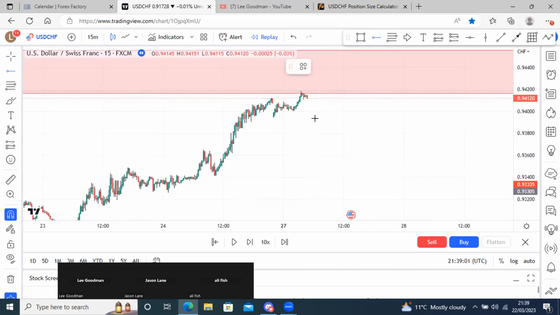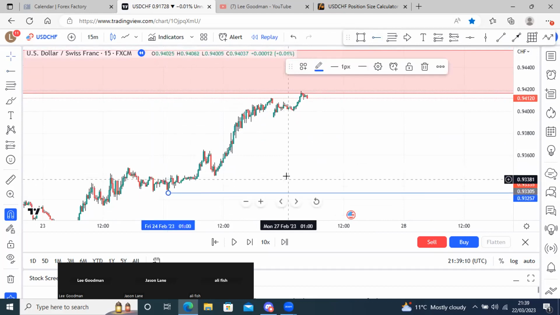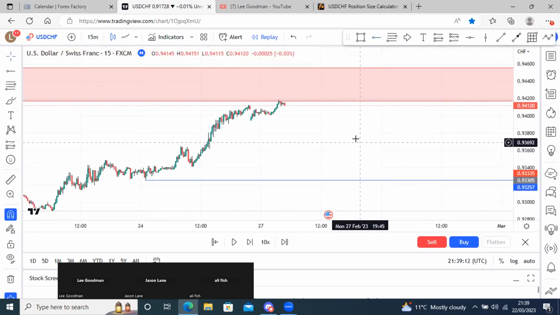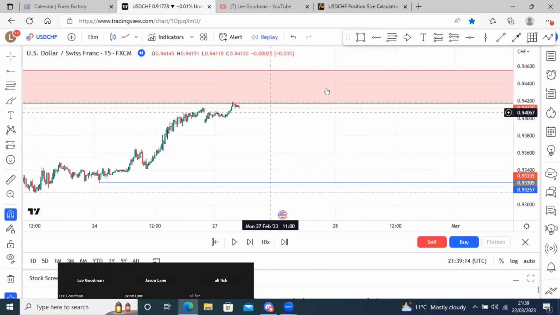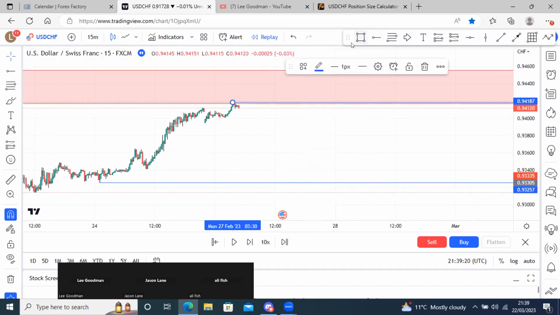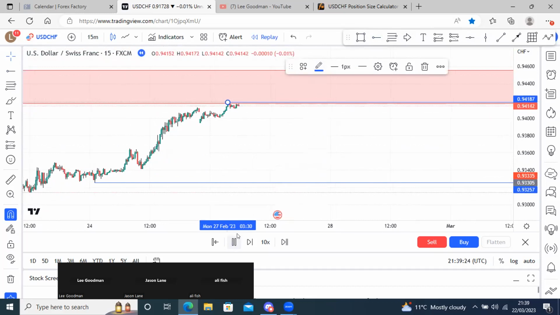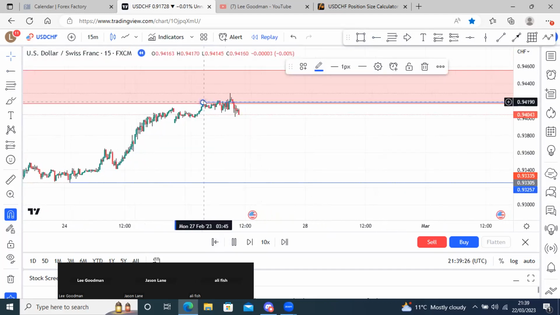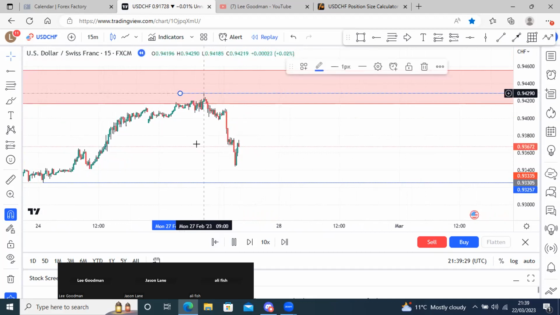And I would have then set an alert at least at this low here. I'd have preferred this one here. And I'd have also set an alert at this high if that's the high that it creates, to there.